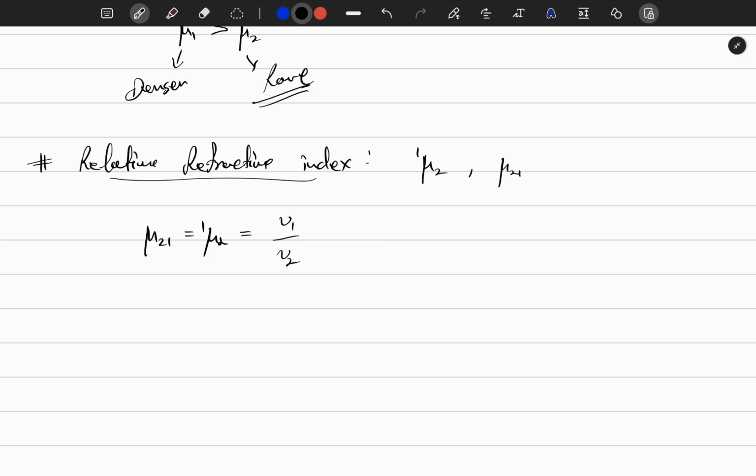So we can write the refractive index of medium 2 with respect to medium 1 as this, which is equal to c by v2 divided by c by v1. Hence this expression is also equal to v1 by v2. So this is the relative refractive index.